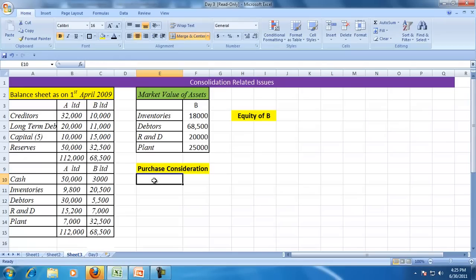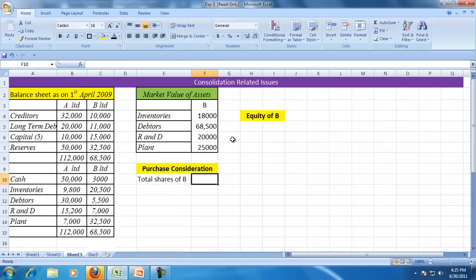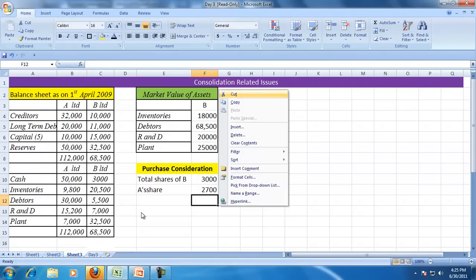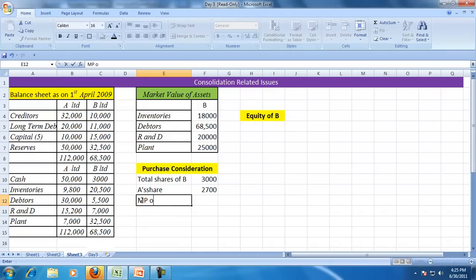Purchase consideration is the total shares of B, divided by 5, times A's share of 90%, 0.90, at the market price of B's share, which is 60.